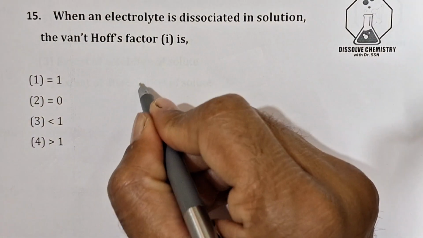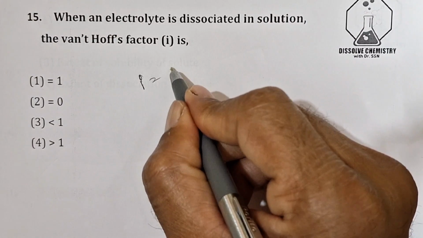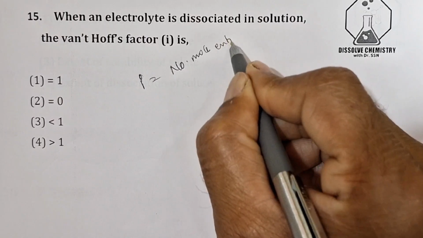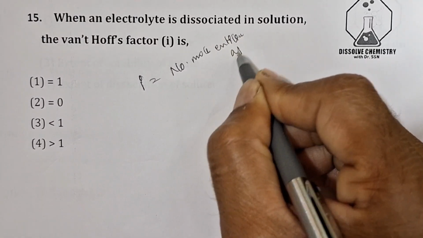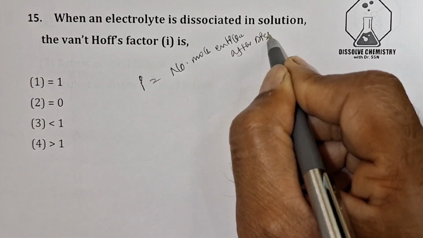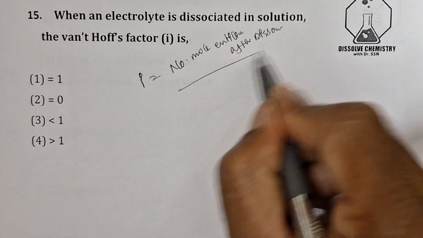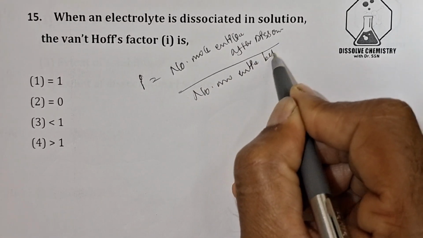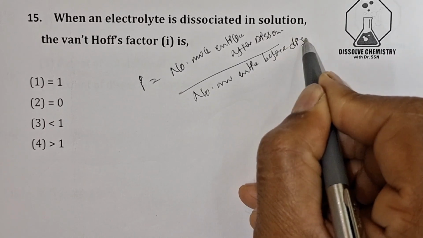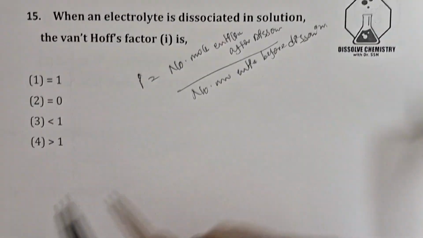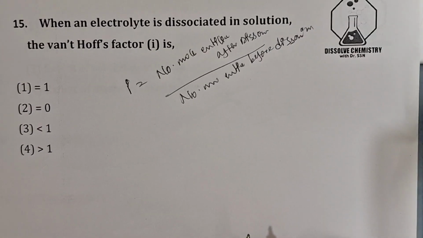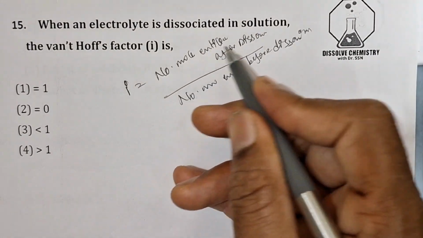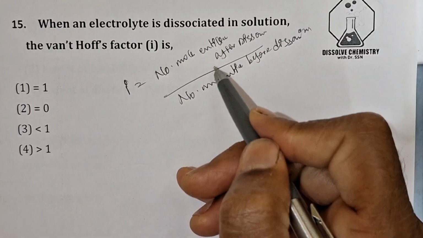First we should know what this Van't Hoff factor is. Van't Hoff factor is equal to the ratio of the number of moles of entities after dissociation divided by the number of moles of entities before dissociation.